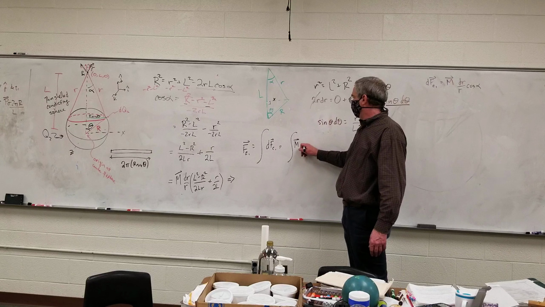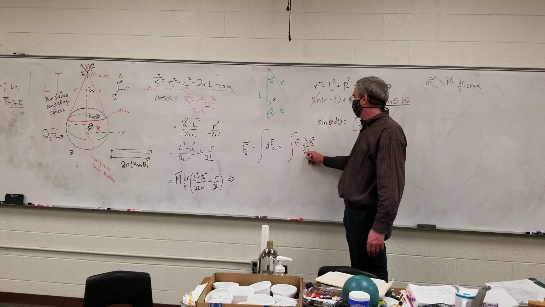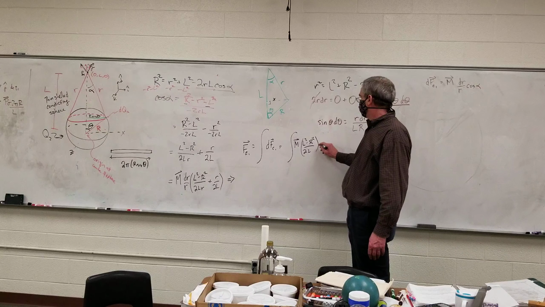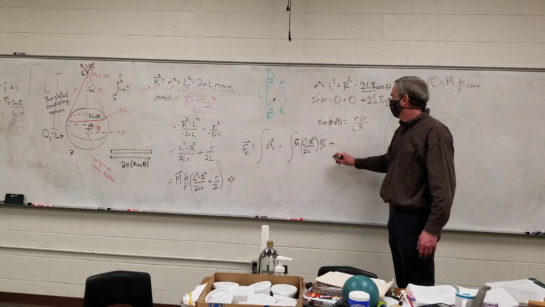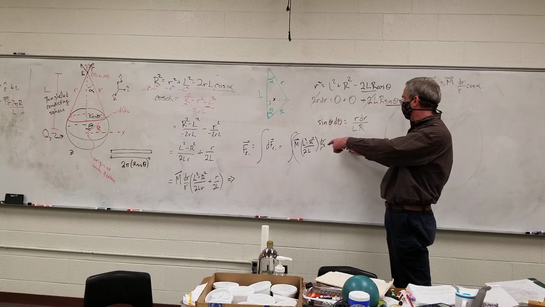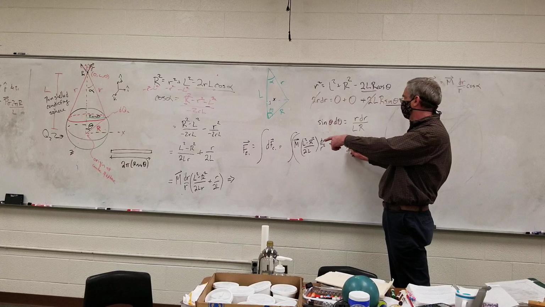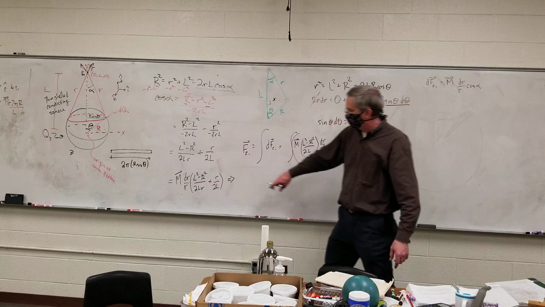So in the first one, I get L squared minus big R squared over 2L times dr over r squared plus, distributing to the second one, I get big M dr over 2L, because my r's cancel out when I distribute to the second term.